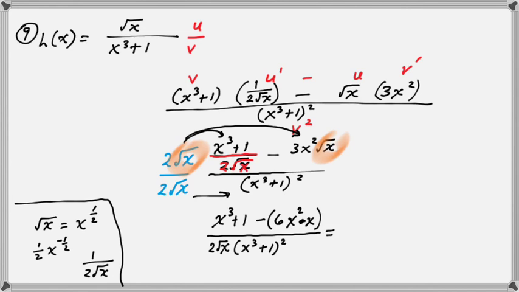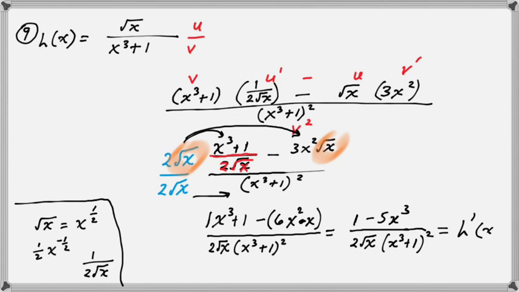So anyway, you have 1 minus 5x to the third, because 1x to the third minus 6x to the third, all divided by this. And now this is going to be h prime of x, or the derivative.